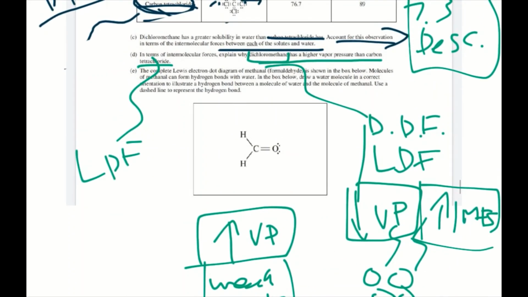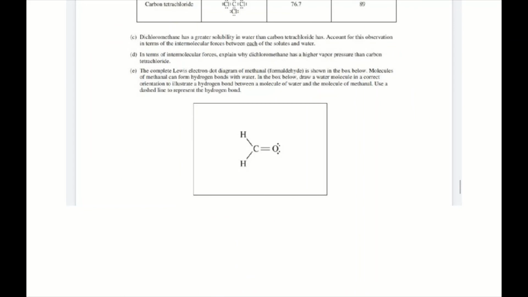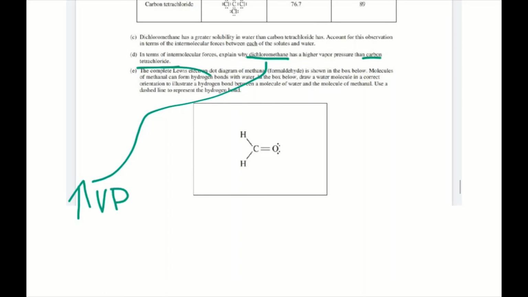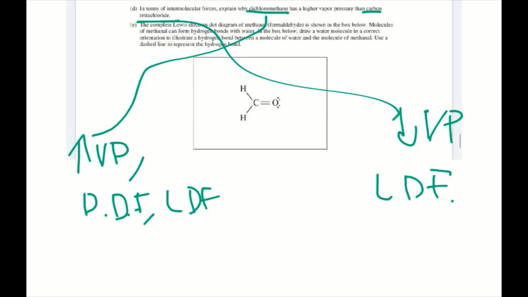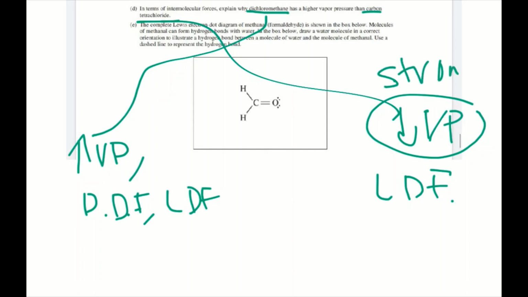Well, let me erase the ink and let's redo this. So, it says that dichloromethane has a higher vapor pressure than carbon tetrachloride, which has a lower vapor pressure. Now we know that dichloromethane has dipole-dipole forces and LDF, while carbon tetrachloride only has LDF. But according to our explanation, for a lower vapor pressure to happen, it must have stronger intermolecular forces, so this must be stronger.